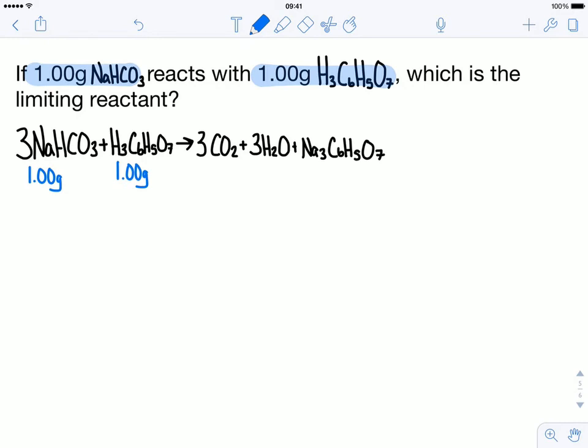Well, the answer is that because of the molar ratios, it doesn't matter which product we pick. So we can actually relate 1 gram of both of our reactants to any of the products. You can pick any one you want. So to show you that this works, I'm going to pick water, but I could have just as easily picked one of these other 2 products and it would have worked out the same.